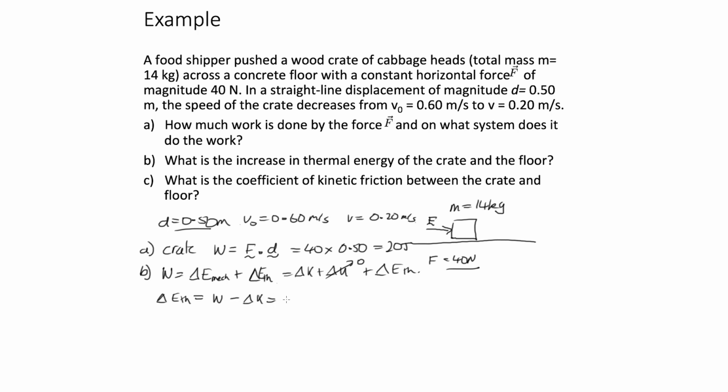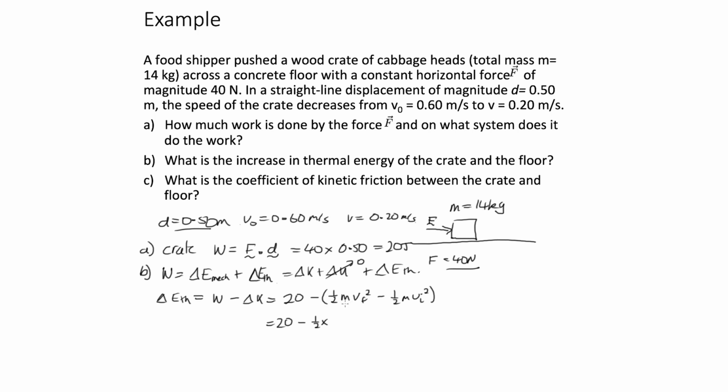So we've calculated the work done, it's 20 joules, and then the change in the kinetic energy, that's a half m v final squared minus a half m v initial squared. So we can write this as 20 minus a half times m.